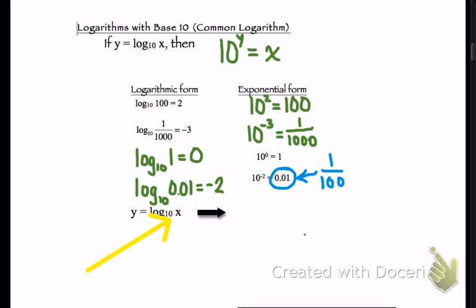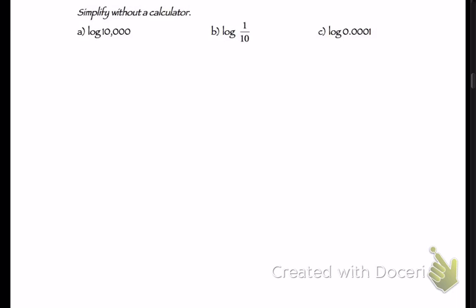But understand, when I write y equals the log of x on the board, I want you to automatically understand that it's assuming base 10. If there's nothing written there, it's got to be base 10. That's what I'm sticking to. All right, let's keep going.